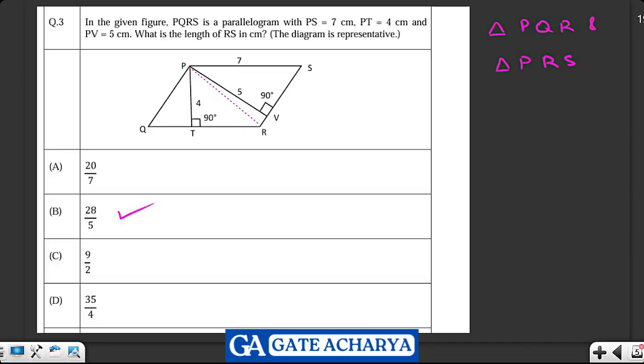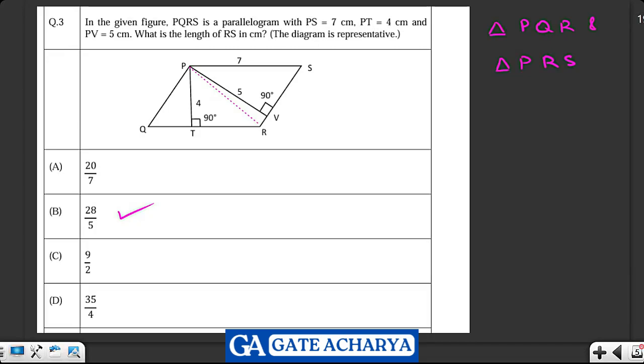Please understand, do not include height in the similarity law. If you take the length ratio, that's okay. You can take side ratios, but you cannot take height ratios unless it's a common height. If it's a common height, then you can take it. Otherwise, you cannot. Please be careful here. Please don't take the height ratio here.